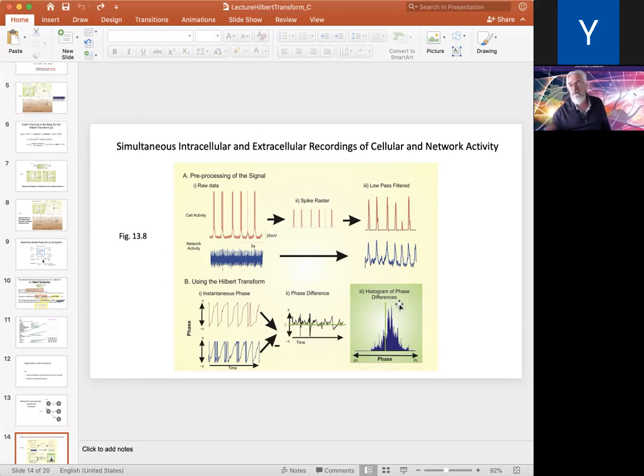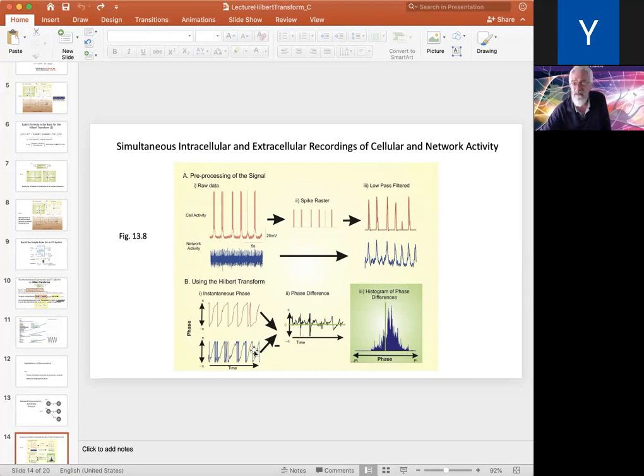Of course, if the phase distribution is 0, it means that they are perfectly synchronized. If it's negative, it means that one leads the other. And if it's positive, it's the other way around. So one is lagging, one is leading. We did this in a number of cases, and if you want to read the details about that, I refer to the paper in the book.